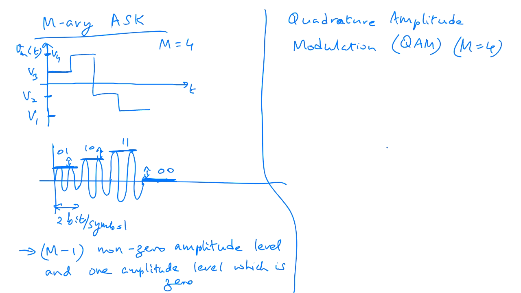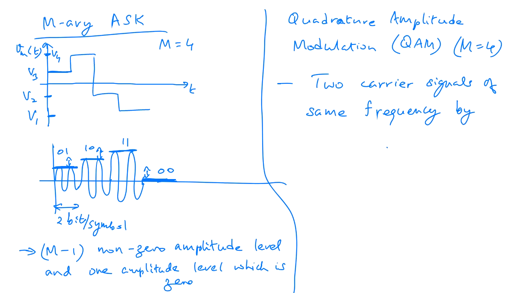Rather than using a single carrier signal, we will use 2 carrier signals of same frequency but shifted in phase by 90 degrees.